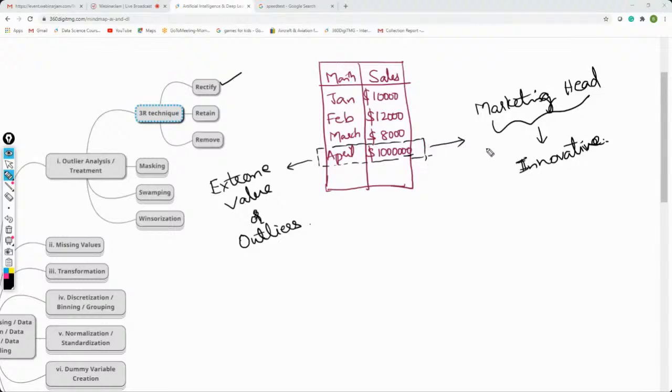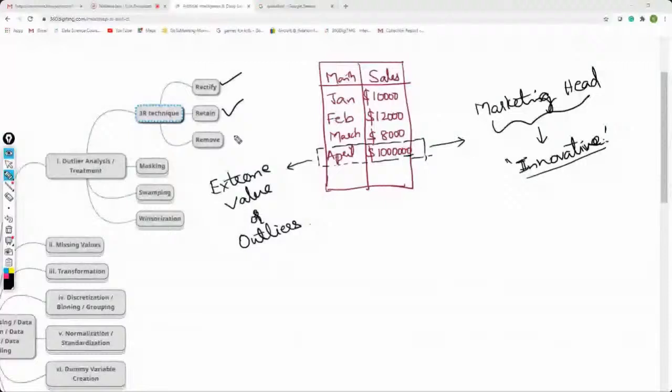Then your question would be, wonderful, do you think this innovative marketing strategy is something that you want to continue into the future? If yes, then you retain this, because if the strategy would continue, then these kind of values will appear in the future. So you want to retain this value in your analysis.